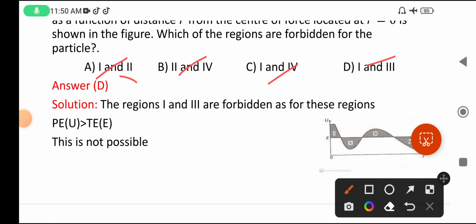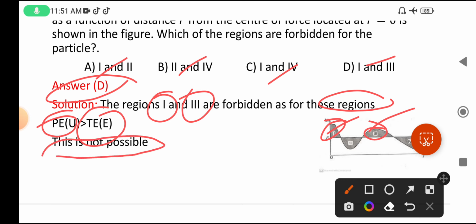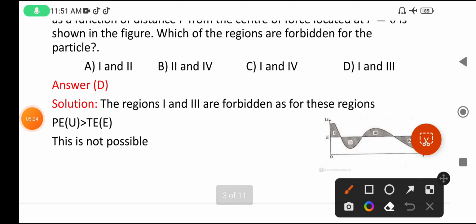Options are given like this, and the answer is option D. How is it D? Regions 1 and 3 are forbidden because the potential energy is greater than the total energy, right? The potential energy cannot generally be greater than the total energy.